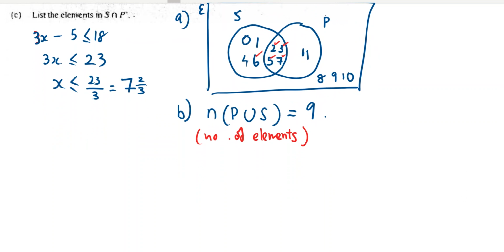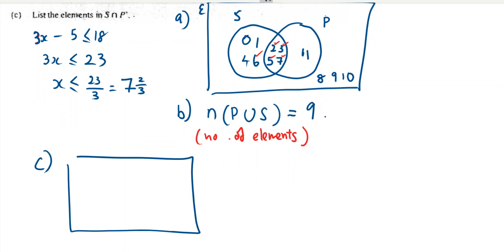For the sake of understanding where S intersect P prime is, let me draw the whole Venn diagram here again. This is S, this is P. Intersection is different. You have to think of the two regions overlapping. A very good way, if you are unsure, is to shade the first one in a downward manner, from left to right.